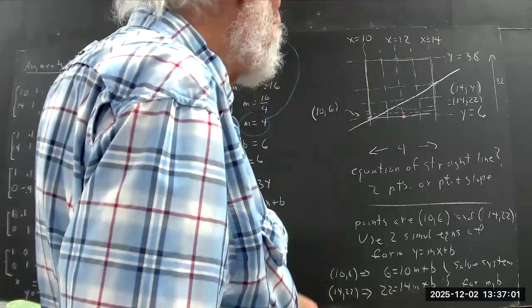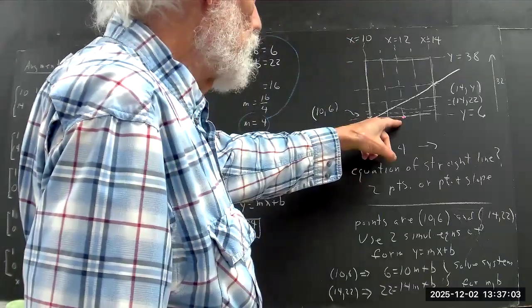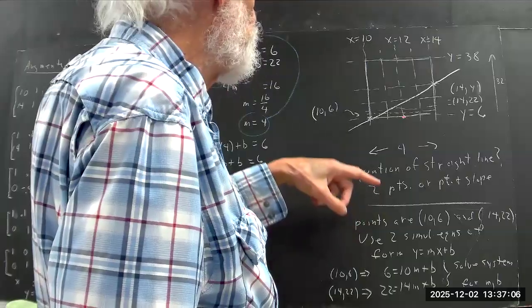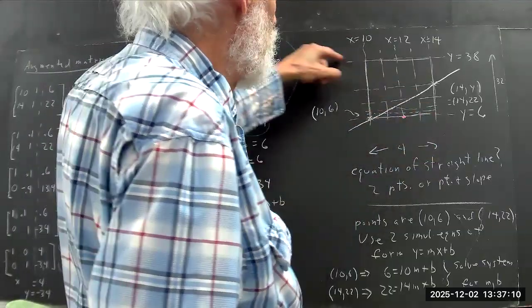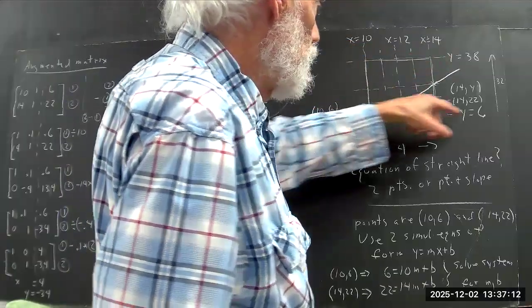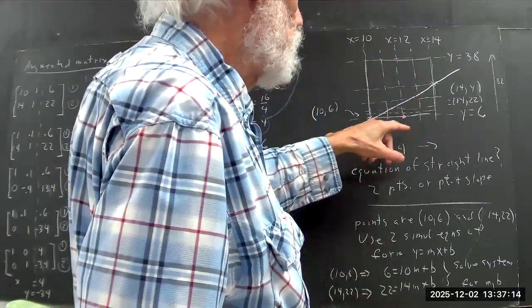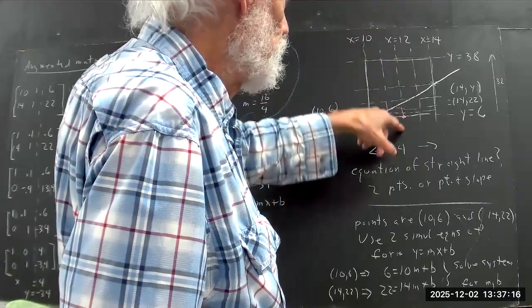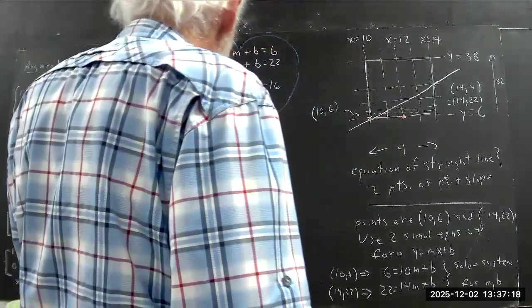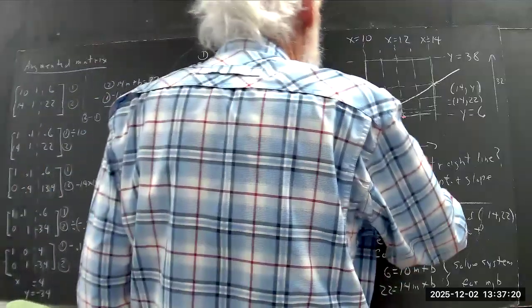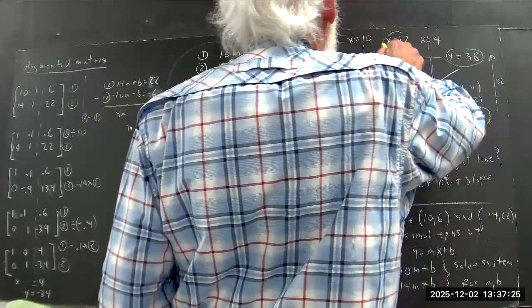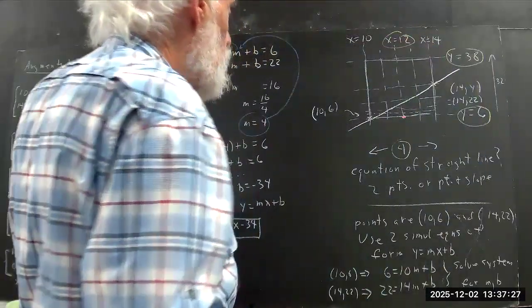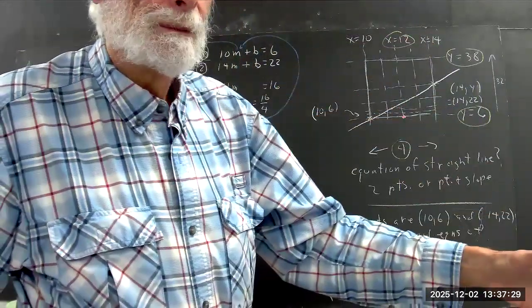Just to review, we started with the red dot, width 4, the line y equals 38, and the line y equals 6. From that information, and the fact that this is a line x equals 12, in other words, we were given this, this, this, and this, we figure out everything else.